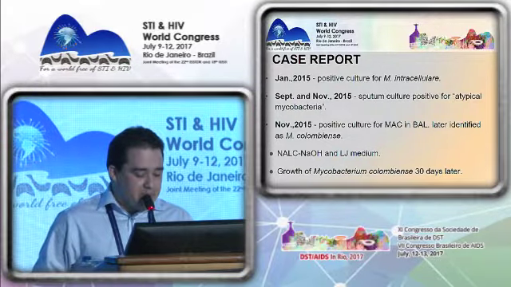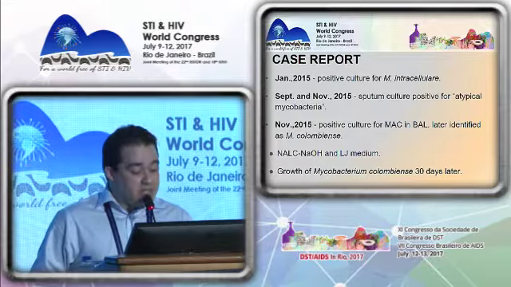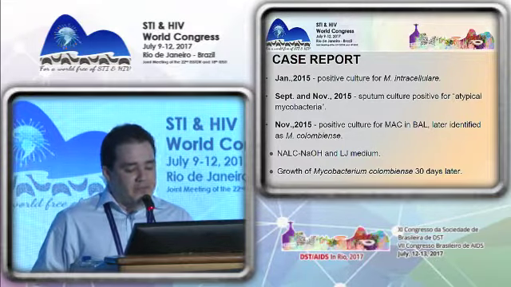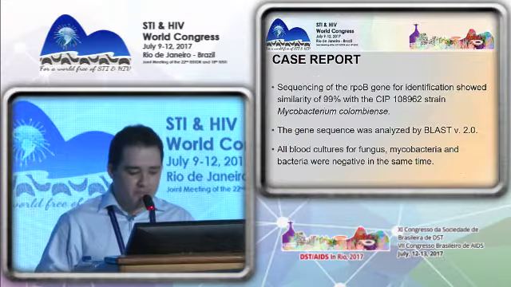The clinical specimen was decontaminated using the NALC sodium hydroxide method and was seeded in Löwenstein-Jensen medium. There was growth of the Mycobacterium colombiensis 30 days later.